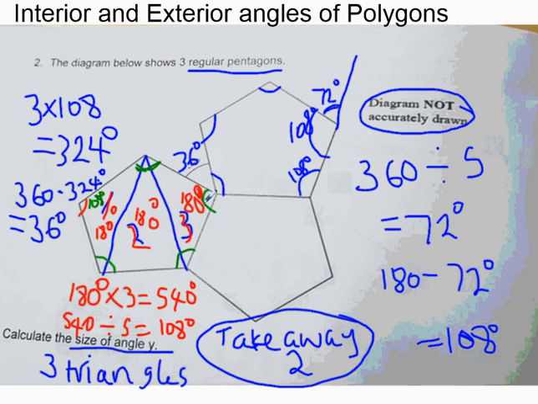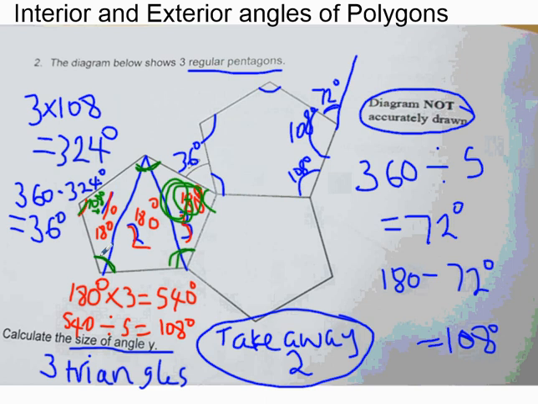Remember, this 180 is the whole thing inside one triangle, but each angle in the pentagon, as in 1, 2, 3, 4, 5, is 108, and that is exactly the same thing as each one we had here.